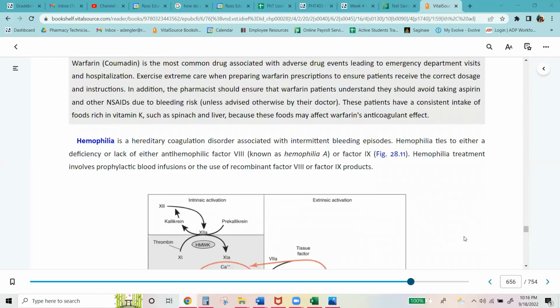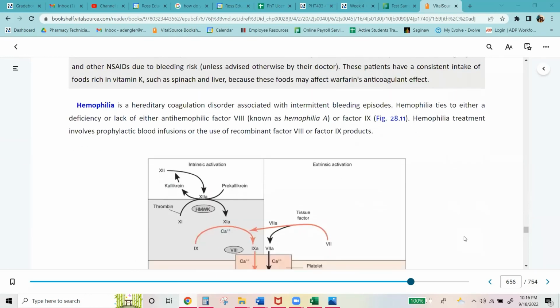Hemophilia is a hereditary coagulation disorder associated with intermittent bleeding episodes. Hemophilia ties to either a deficiency or lack of either anti-hemophilic factor 8, known as hemophilia A, or factor IX.